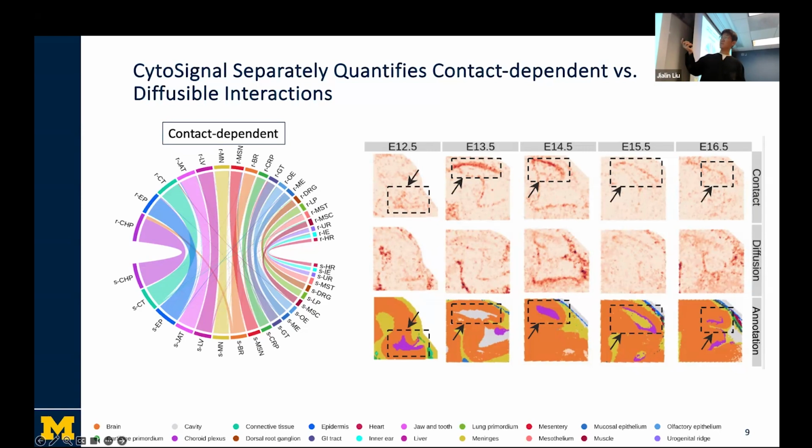You could see the contact-dependent interaction has a really interesting pattern. It depicts the border of the brain and the meninges. The purple clusters are the choroid plexus, the orange is the brain, and the yellow is the meninges. You could see they depict the border regions, the intersection regions between different clusters.